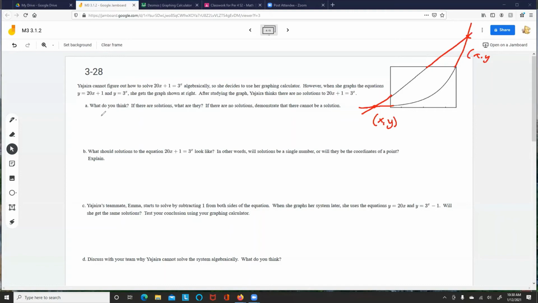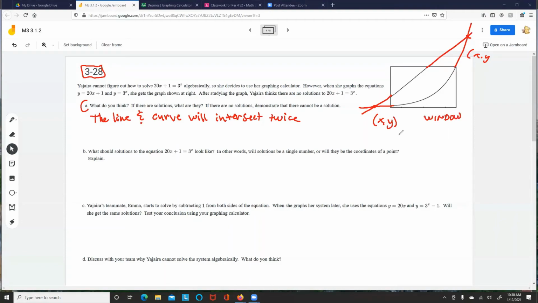So let's put for 28A, the line and curve will intersect twice, just because you can't see it. And what she needs to do is change her window. You can do that on your graphing calculator. There's a window button way at the top, like a second function.